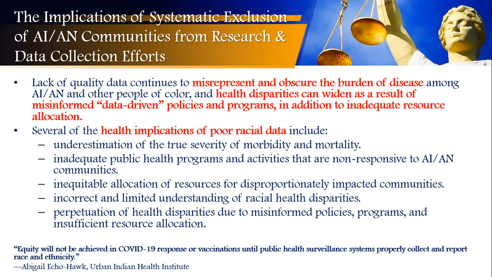If certain groups are excluded from the data collection process, then essentially we end up being non-responsive to the needs of certain communities. That's essentially what this particular report talks about, and it's something I wanted to bring to your attention so that you can think about the far-reaching impact of the systematic exclusion of certain communities from data collection efforts within the US.